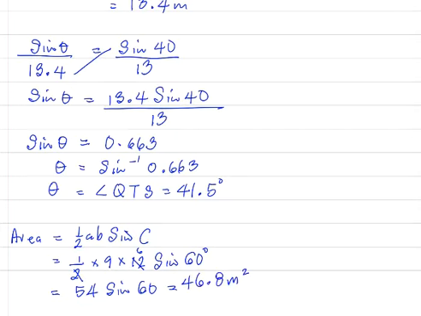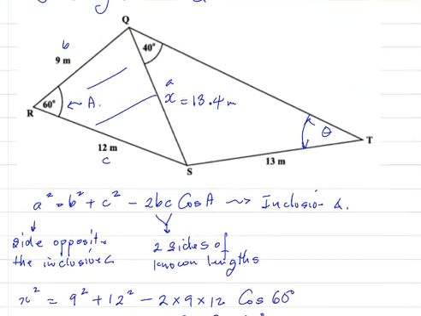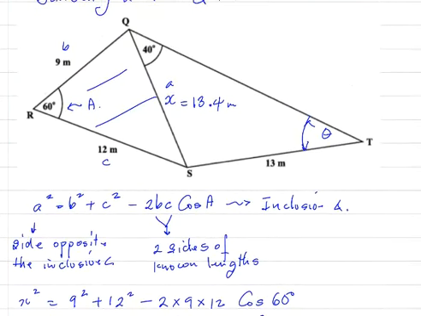And the absolute last thing we're asked to do is to determine the perpendicular distance from Q to RS. So let's go back to our diagram to get a visual of what we're being asked to do. Q is here, RS is here, so I'm going to drop a line here.